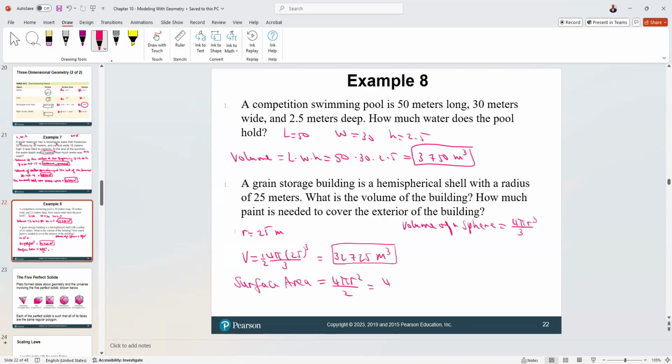So that means 4 pi 25 to the power 2, over 2. So the area would be 3927 square meters. Okay, so that would be what you need to cover the surface area.